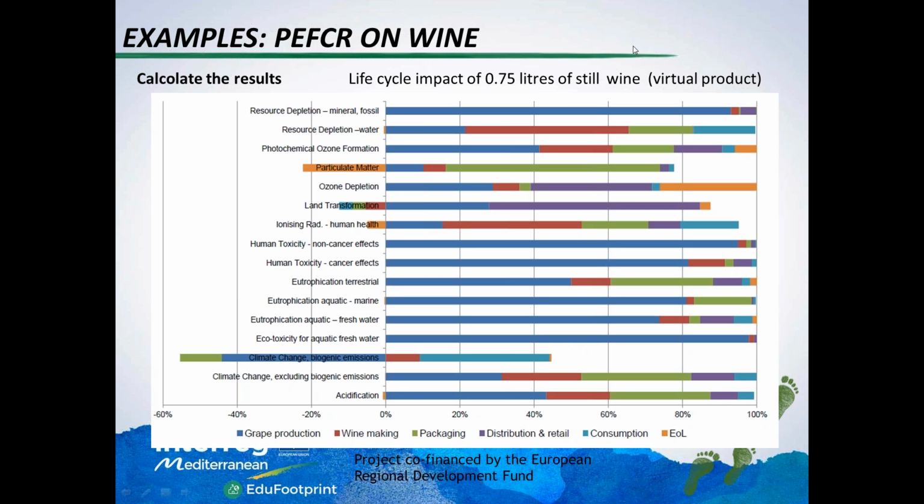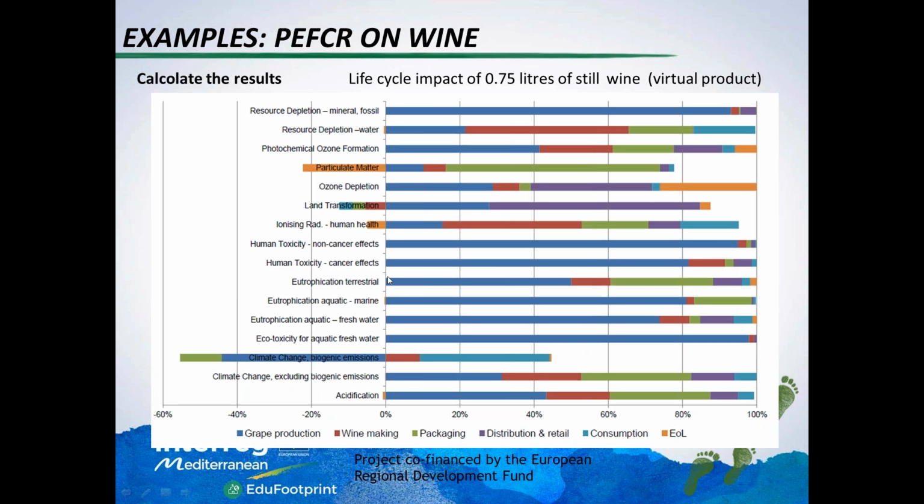And these are the results of all the indicators that are calculated within the environmental footprint, and they are the same we can find inside the calculator. And as you see, the different colors refer to the different phases of the entire process: grape production, winemaking, packaging, distribution and retail, consumption, and end of life.